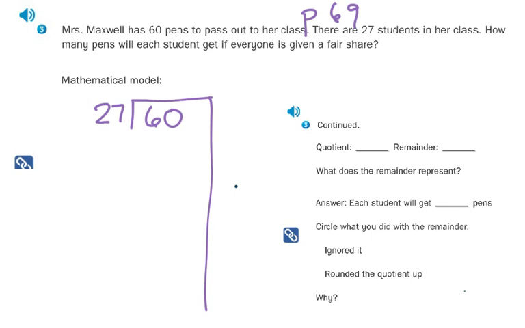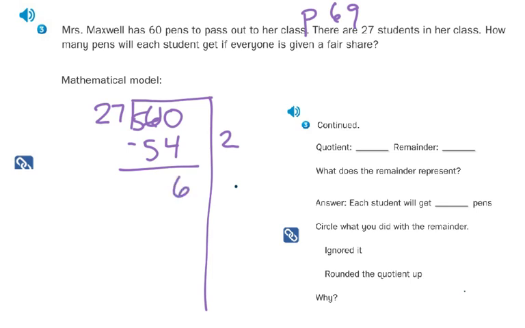Well, I know 25 plus 25 is 50, so that's pretty close. So I'm going to say twice. And 27 times 2 is 14, carry my 1, 54. So 54, I'm going to subtract 54 from that. Go ahead and subtract 10 minus 4 is 6.